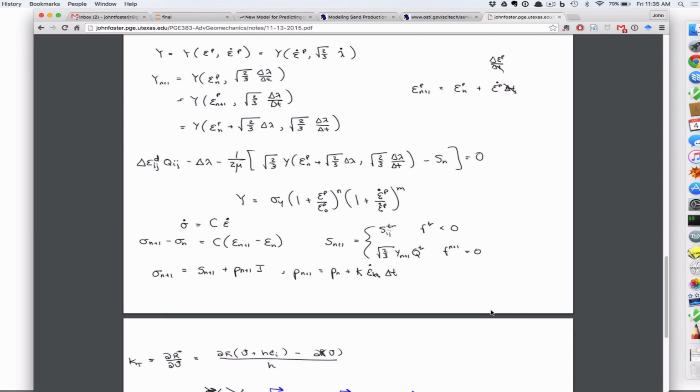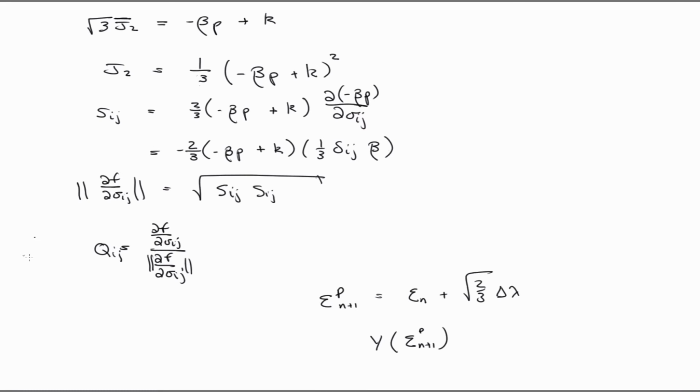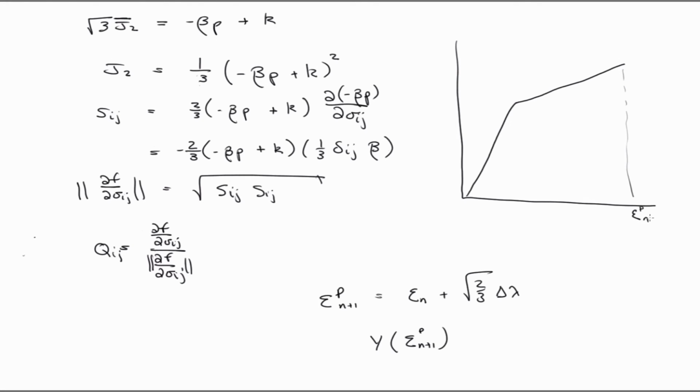No, I don't think so. I think your idea to draw a picture helps, right? Say this is n, for example, this is epsilon p n. At epsilon p n+1, you're going to evaluate a trial elastic stress.